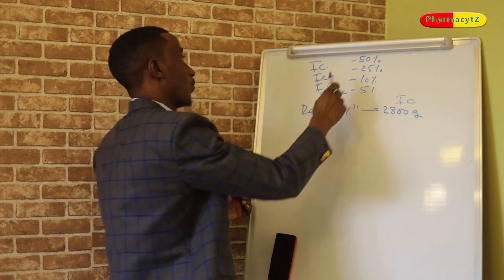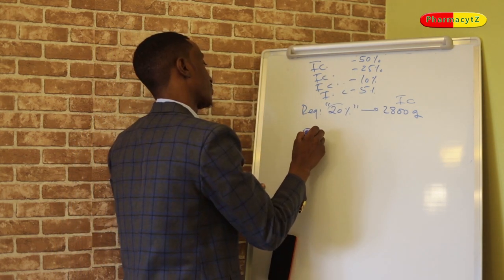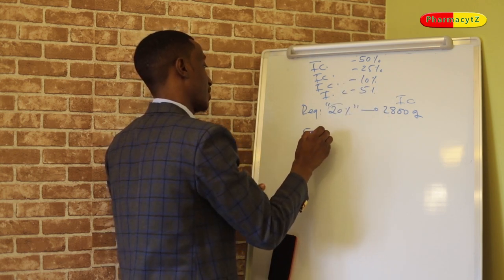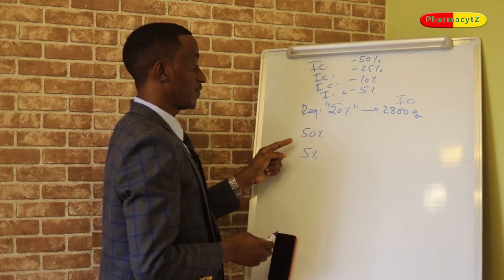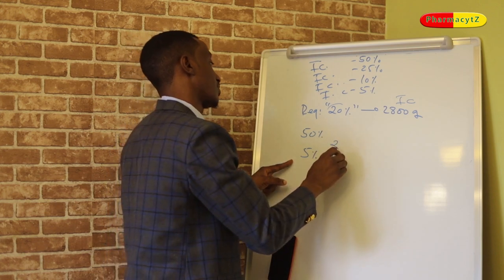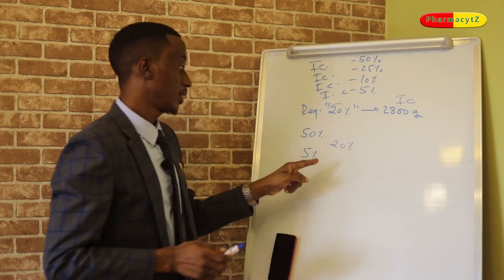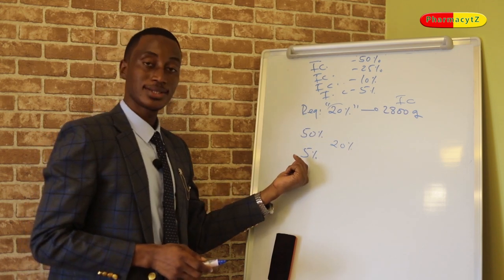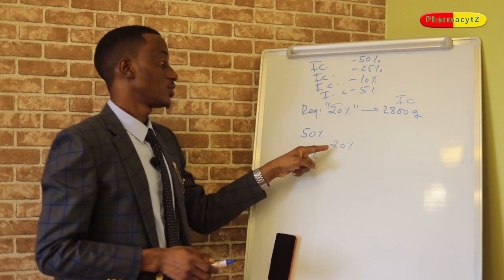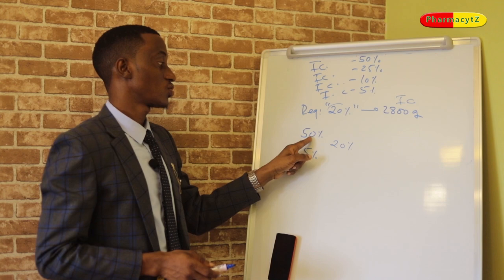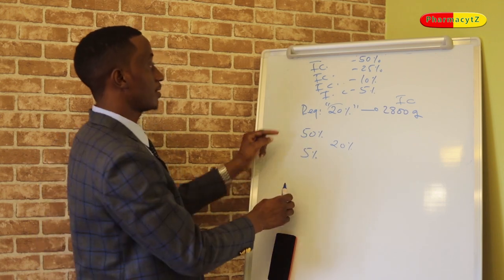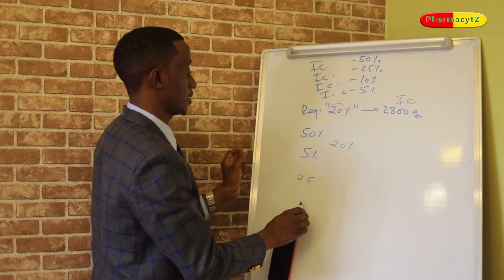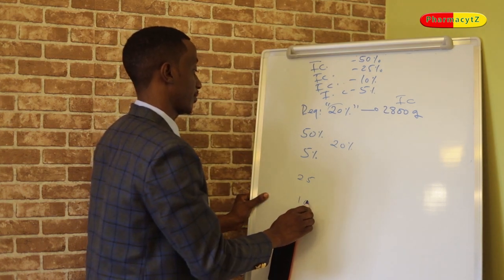All right, we may decide to choose 50 and 5. That is the first pair, because in between 50 and 5, 20% can be found. 20% is greater than the weakest component, and 20% is less than the strongest component. Then the second pair shall be 25 and 10.